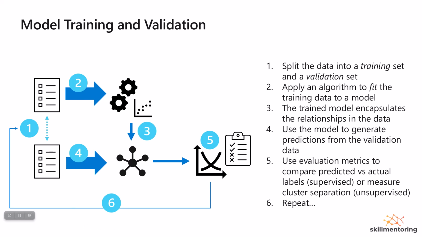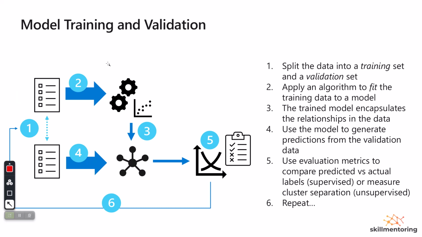After understanding these fundamental algorithms which are used in machine learning, let us try to understand how exactly machine learning models are trained and validated. The very first step in this activity is step number one, which is splitting the data into a training set and a validation set.